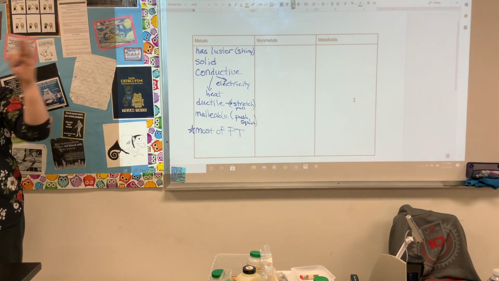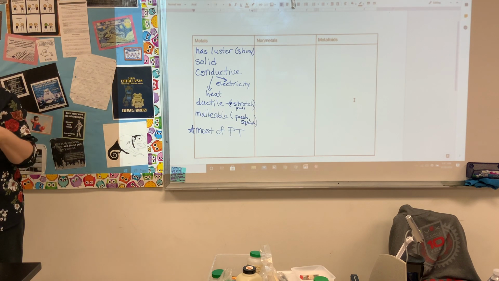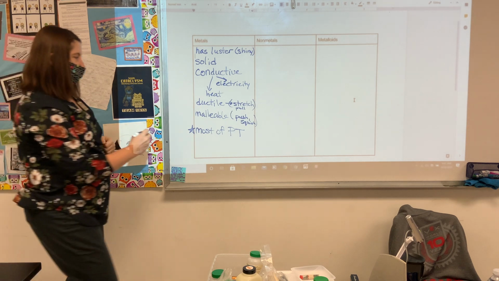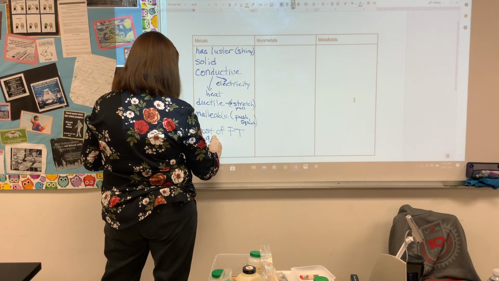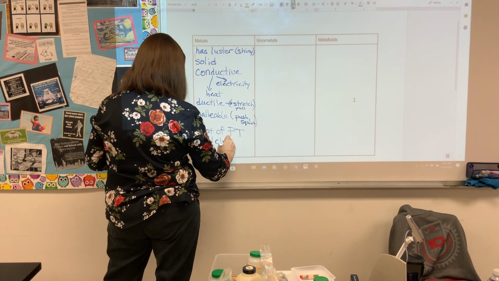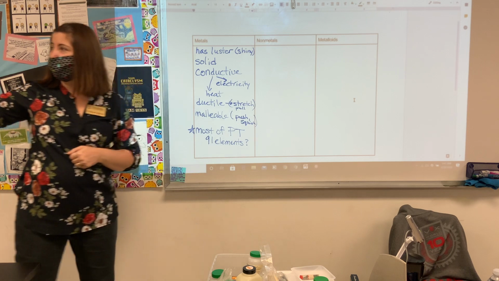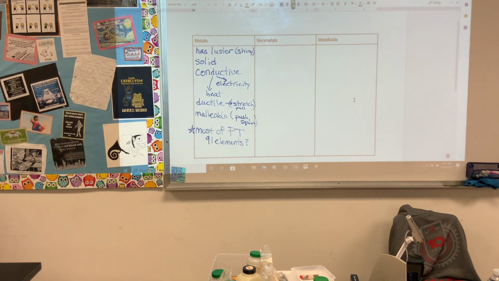Most of the PT, most of the periodic table, more than 50%. There was like 91 elements? I'd say there's like 118 on the current periodic table. 91 of the 118 are metals.